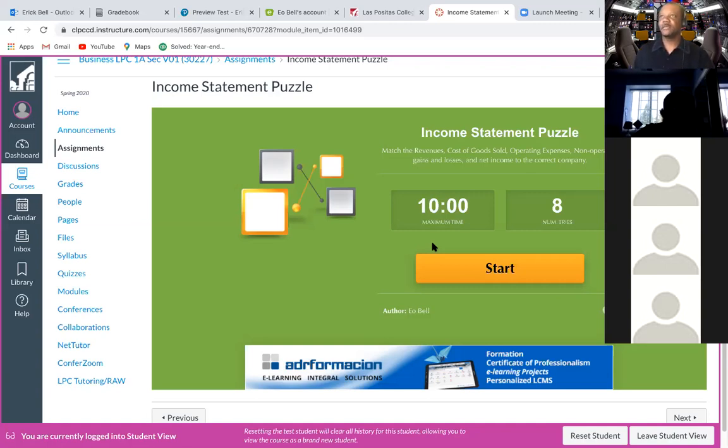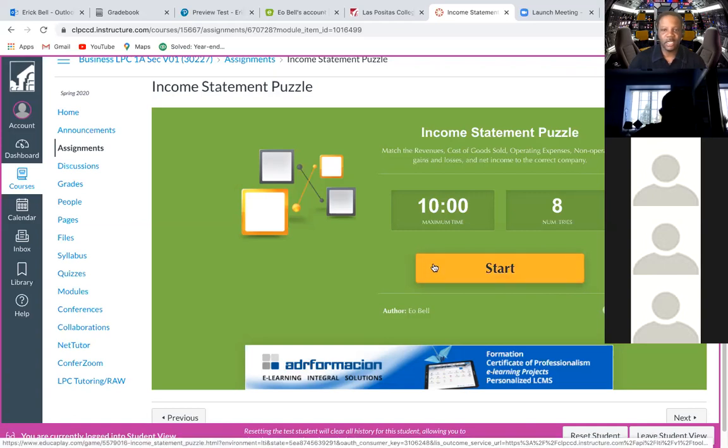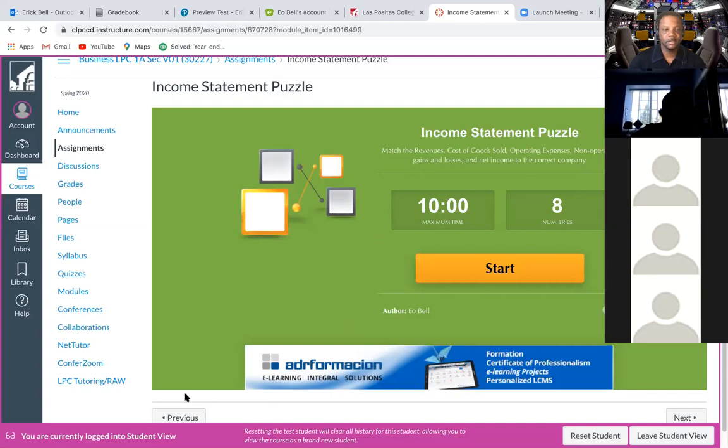So you've got 3 companies: Benjamin's Bicycles, Lucas's Lemon Bars and Bakery, and Mackay's Alliteration. All right, go ahead and click start, and good luck.